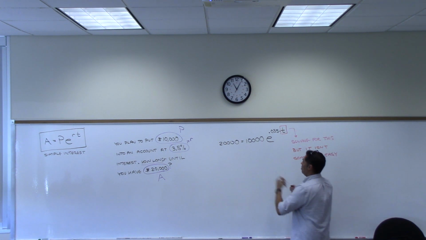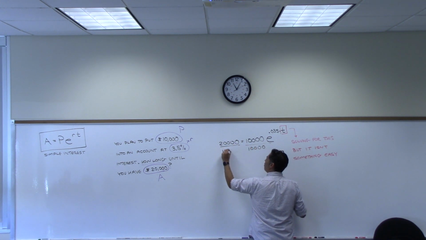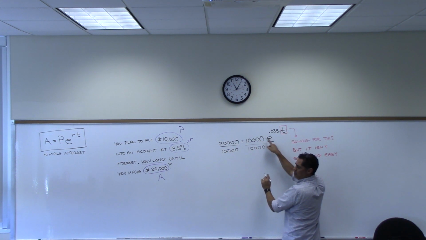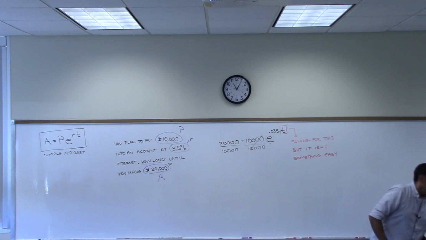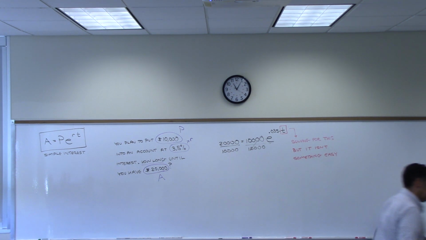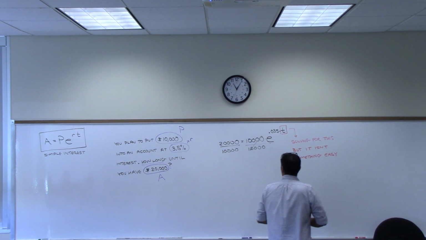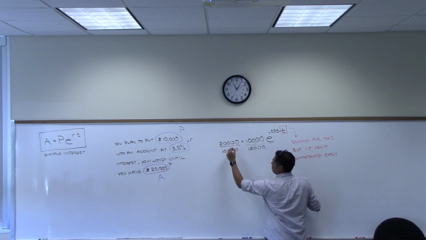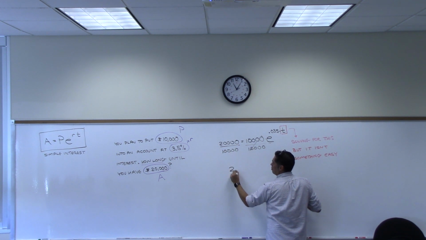We could divide both sides by 10,000. That would be a legal move because that's multiplication. So you could get rid of that 10,000, and then the left side becomes division, right?